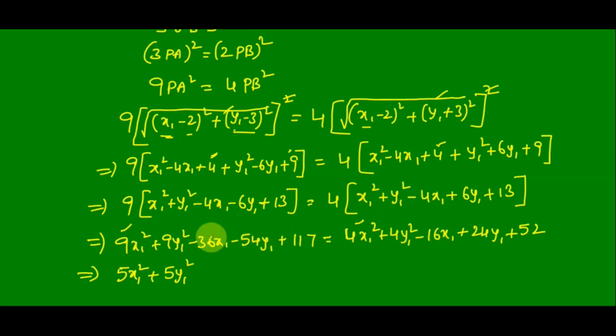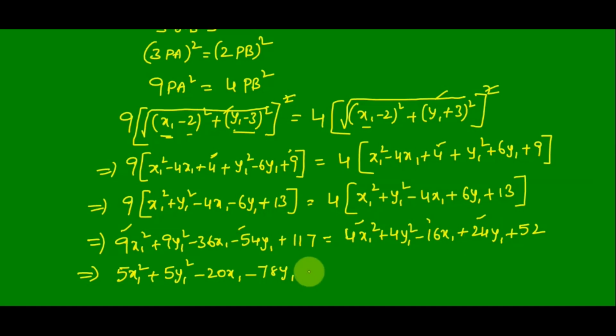And here minus 36, when this minus 16 comes to this side, it will become plus 16x1. So it will become minus 20x1. Then y1 terms: here minus 54y1 is there, and here plus 24y1 is there. When this plus 24 comes to this side, it will become minus 24. So minus 54 and minus 24 total to minus 78y1.